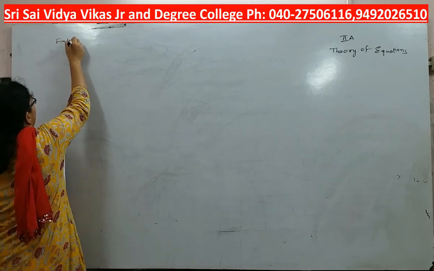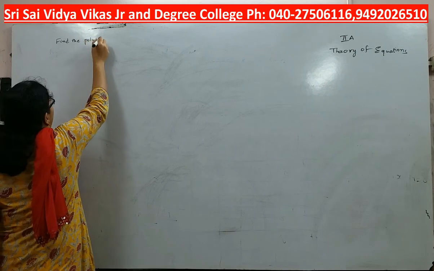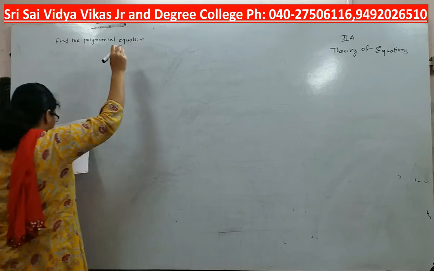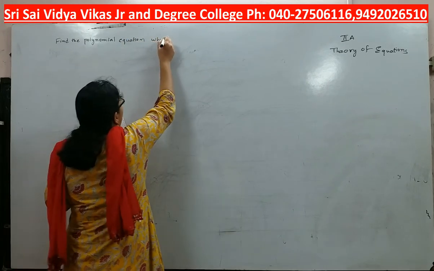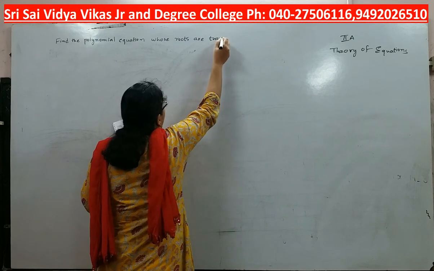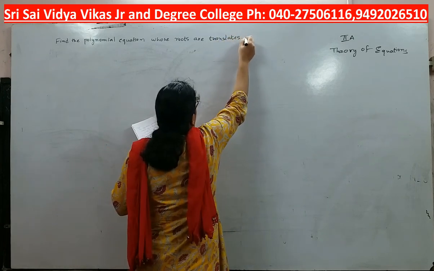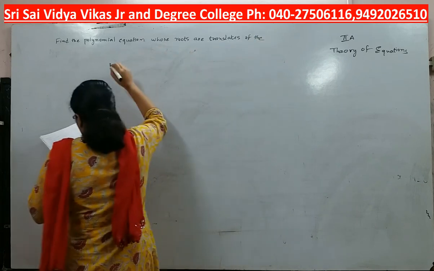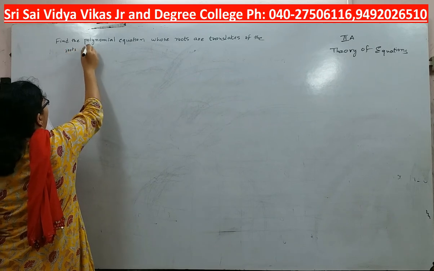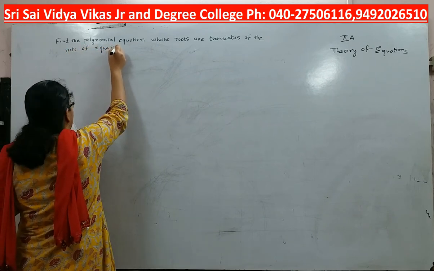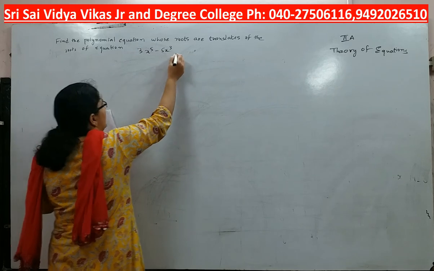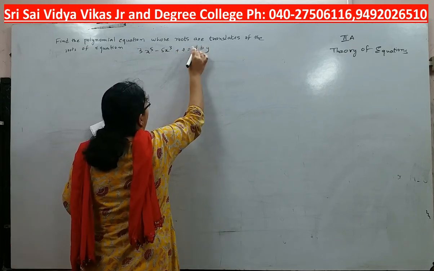Find the polynomial equation whose roots are translates of the roots of the equation 3x power 5 minus 5x cube plus 7 is equal to 0 by 4.